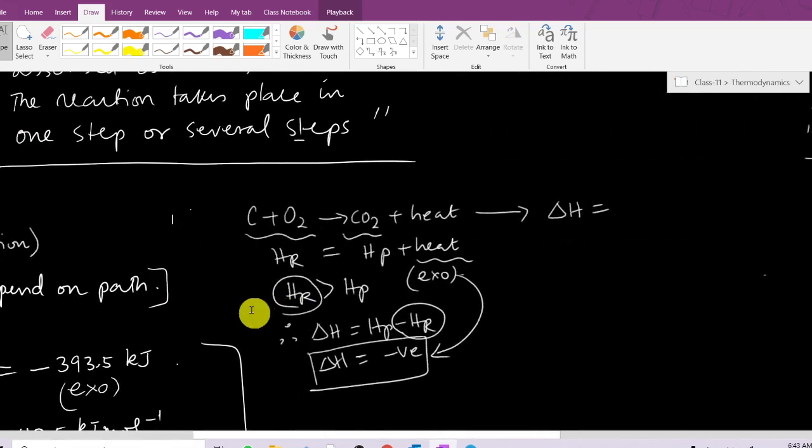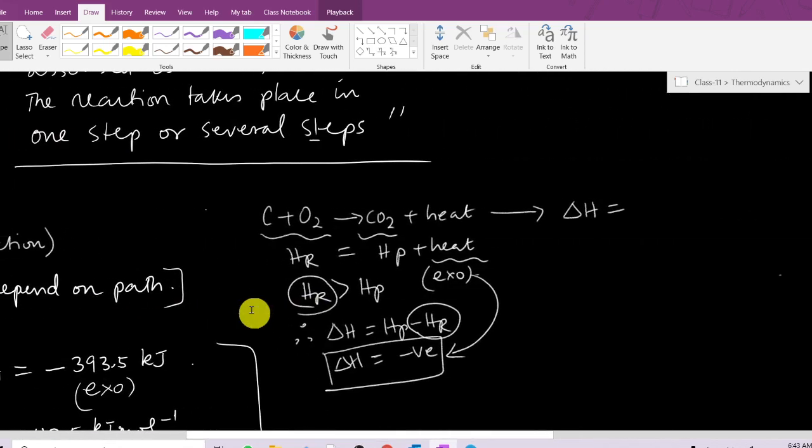Now suppose you have this reaction: C plus O2 giving CO2 plus heat, some heat is evolved, that is, it is an exothermic reaction. Now what is the enthalpy change associated with this reaction, that is, the formation of CO2? As you can see here, the heat content of the reactant is HR, and the heat content of the product is HP, and some amount of heat is released.